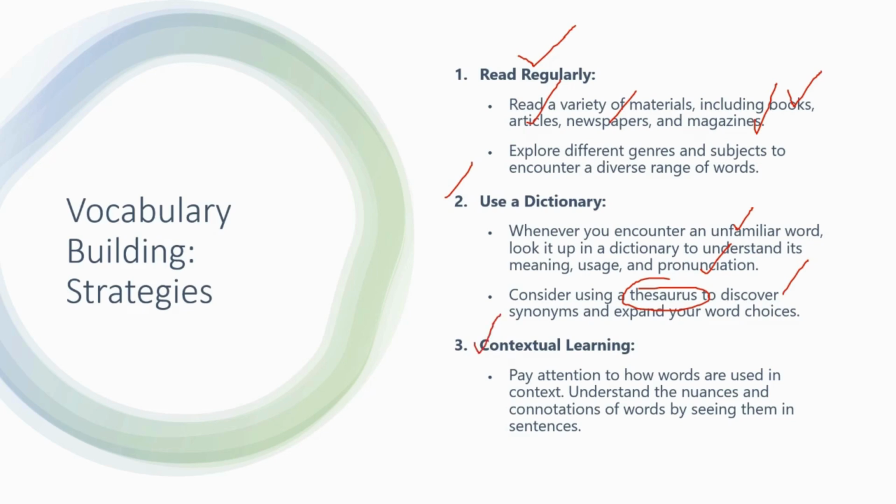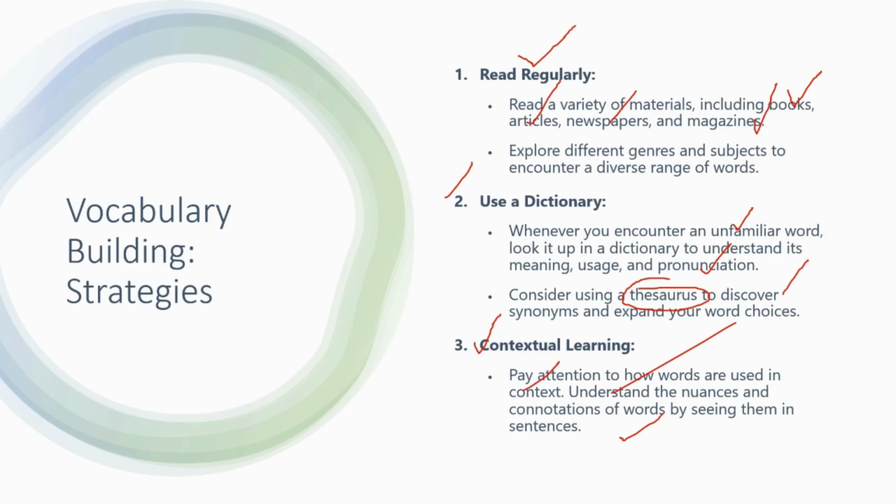Contextual learning. The third one is contextual learning. Pay attention to how words are used in context. Understand the nuance and connotations of words by seeing them in sentences. There are contextual meanings and dictionary meanings.